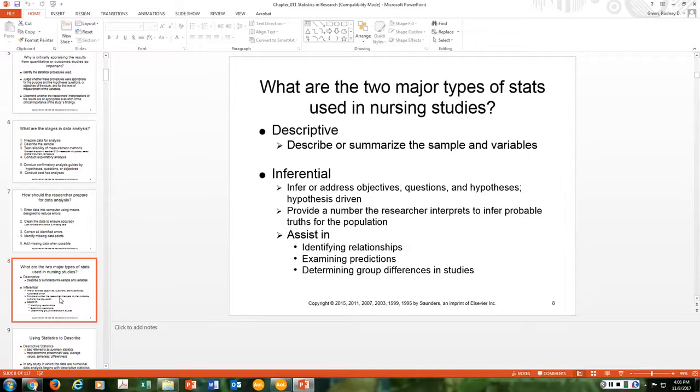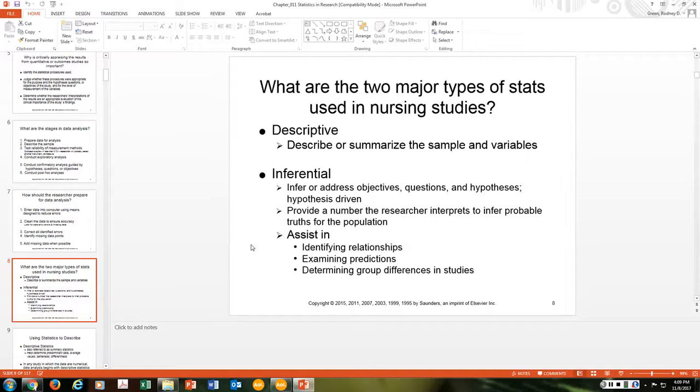What are the 2 major types of statistics used in nursing studies? The 2 major types are descriptive and inferential. With descriptive statistics, we are describing or summarizing the sample and variables. With inferential statistics, we are inferring or addressing the objectives, questions, and hypotheses.